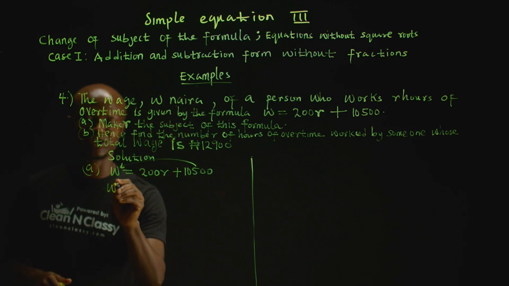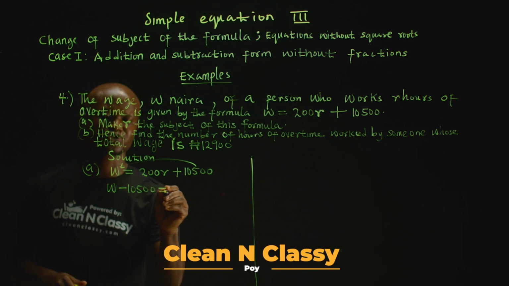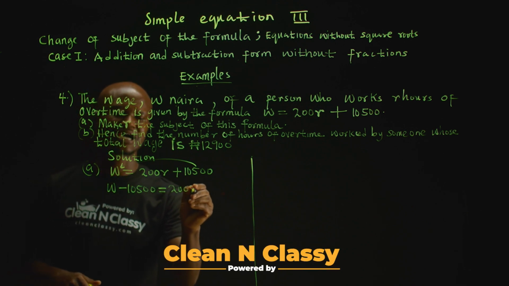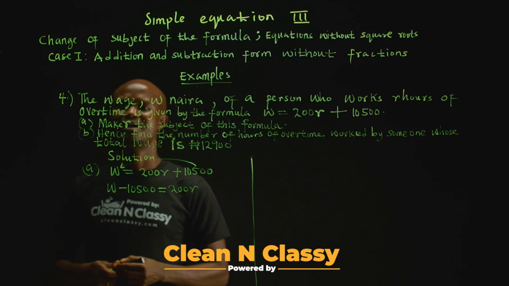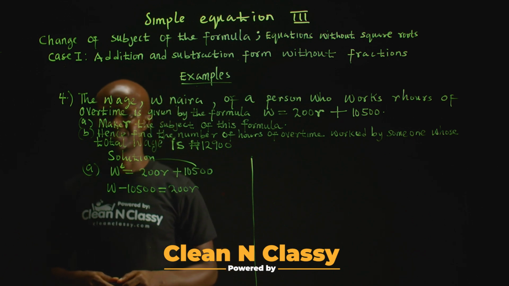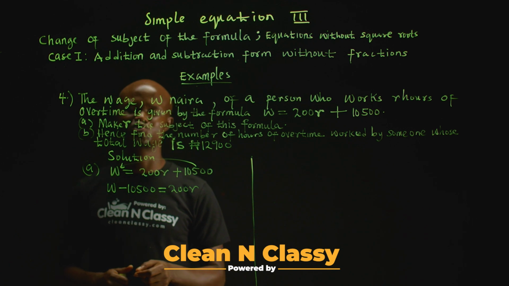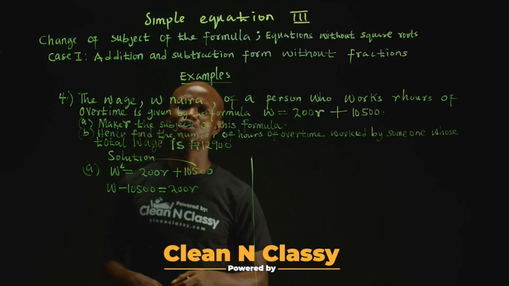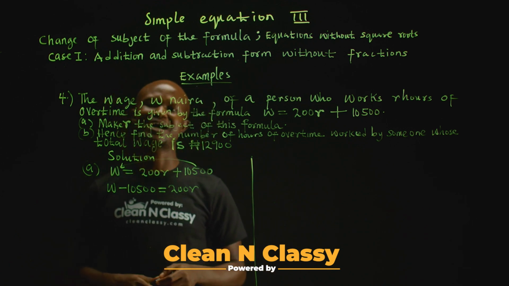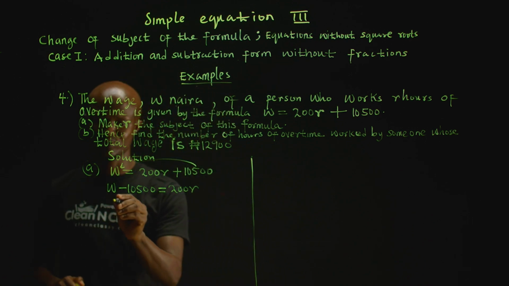So W minus 10,500 equals 200R. Now, we want to make R the subject. And the coefficient of R is not 1 now, it's 200. So we need to divide both sides by the coefficient of R, which is 200. Let's do that.